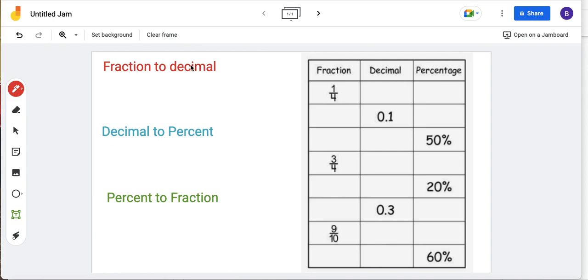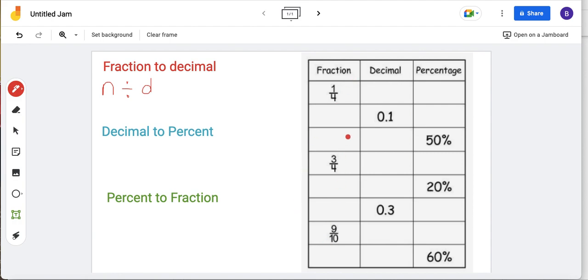So for our day, what we are going to do for the fraction to decimal is we are going to take our numerator and we are going to divide it by our denominator. So basically we are going to just divide our fraction, and that is going to give us our answer as a decimal.